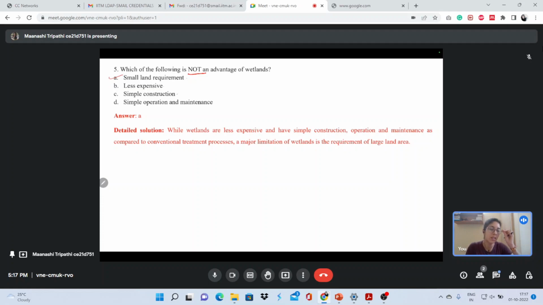We can harvest them, make them into biochar, and reuse them as substrate. All things are there. But the problem is area requirement will be high. In constructed wetland, the area requirement will be very high in comparison to the other treatment technologies.